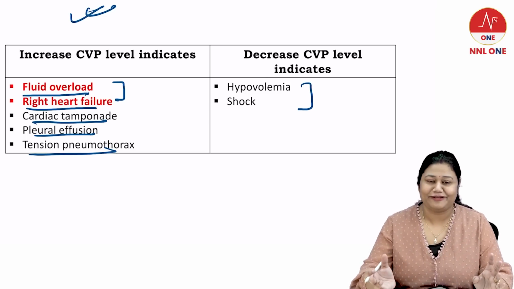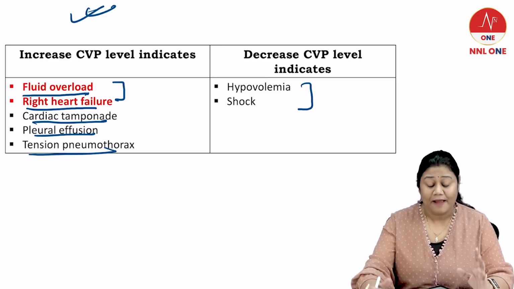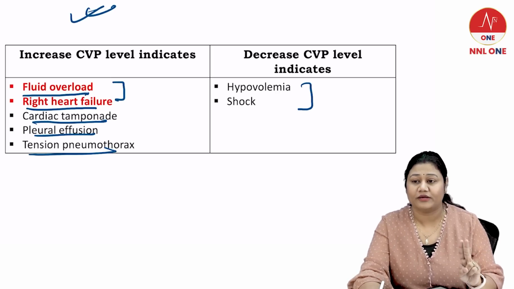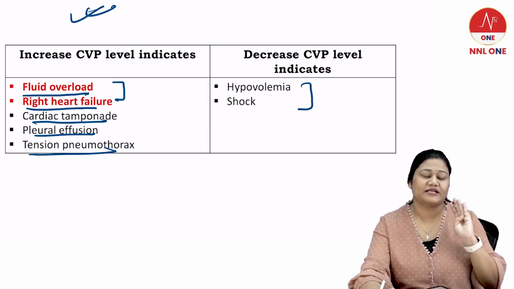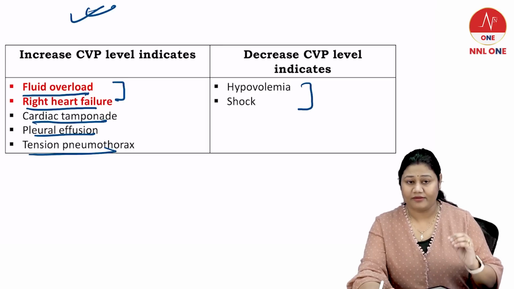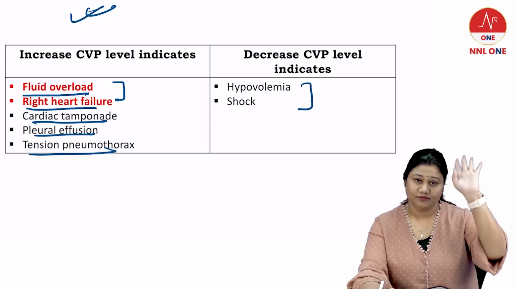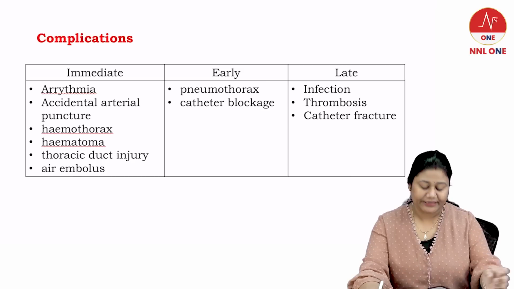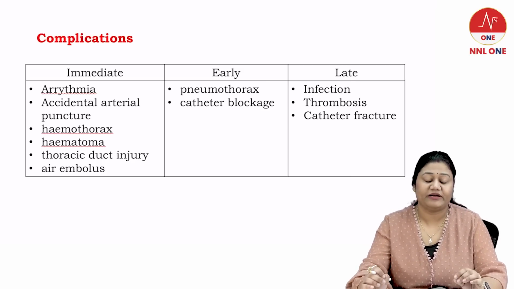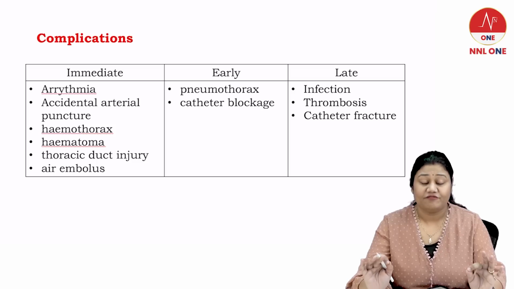Though we require immediate intervention in hypovolemia and shock as well, you can remember it this way: in case of cardiac tamponade, pleural effusion, tension pneumothorax, right side heart failure and fluid volume overload, the CVP pressure will increase.